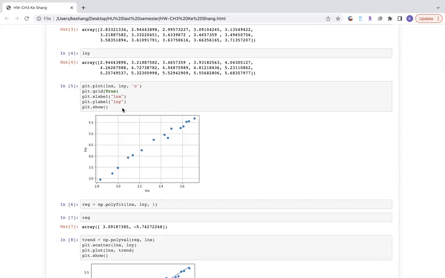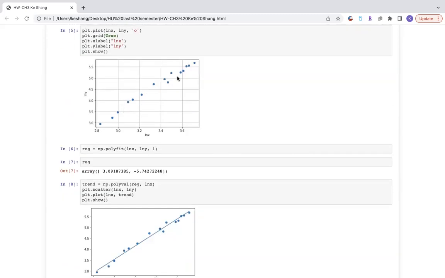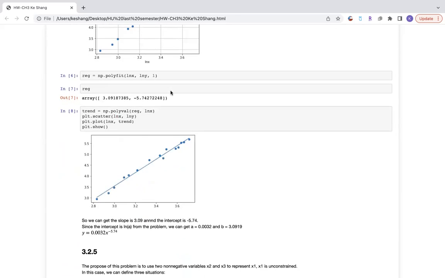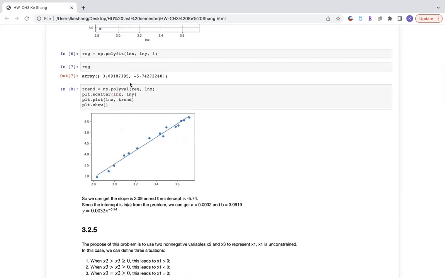We can see the relationship between log x and log y here, and I made a fitting line here. So we can get the slope of our fitting line is equal to 3.09, and the intercept is negative 5.74.